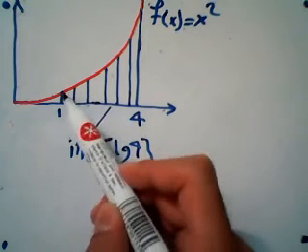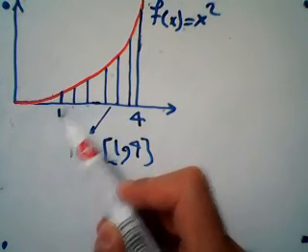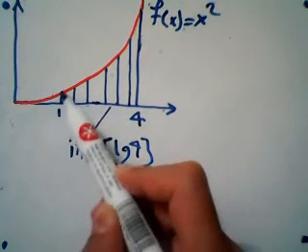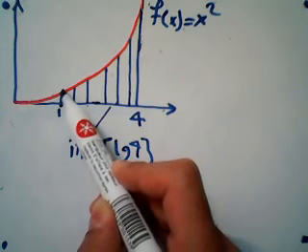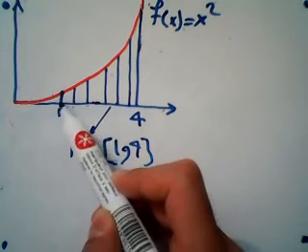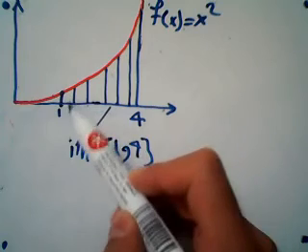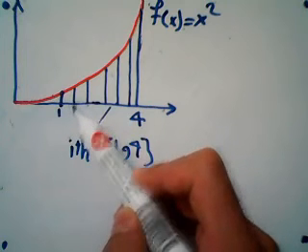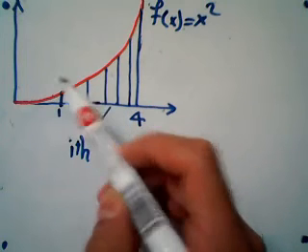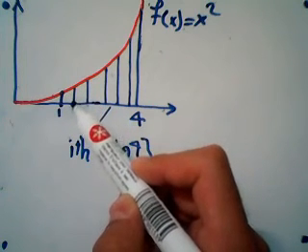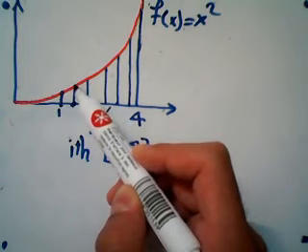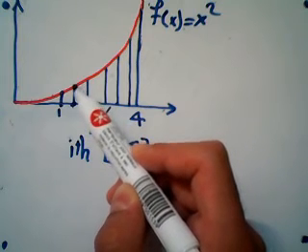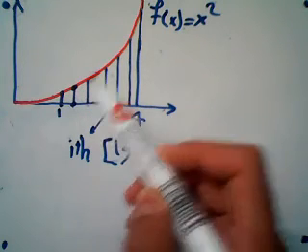For instance, the minimum point for the first subinterval occurs at 1, which would be this point here on the parabola, and its maximum value occurs at this end, which corresponds to this point on the parabola.